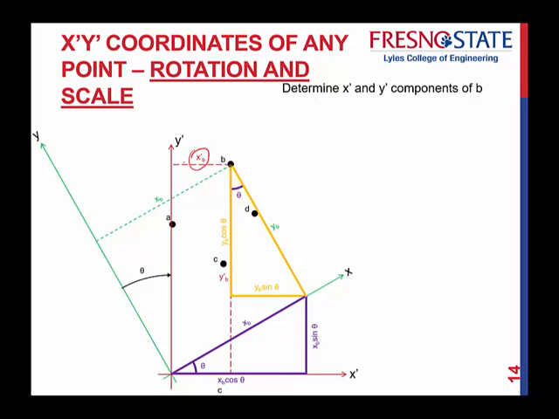We're looking for x prime of B. We don't know that value yet. We started in the xy system with known coordinates, and we're looking for the x and y components of these points in the x prime y prime system. So x of B I knew, y of B I knew. Don't know, and don't know. So you can see what we're looking for now.